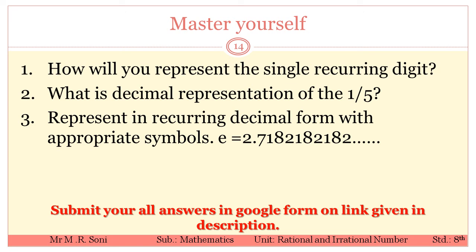And third question, represent in recurring decimal form with appropriate symbols: E equals 2.7182182182, and so on. Use the Google link given in the description and by your teacher. You will be able to answer all these questions over there.